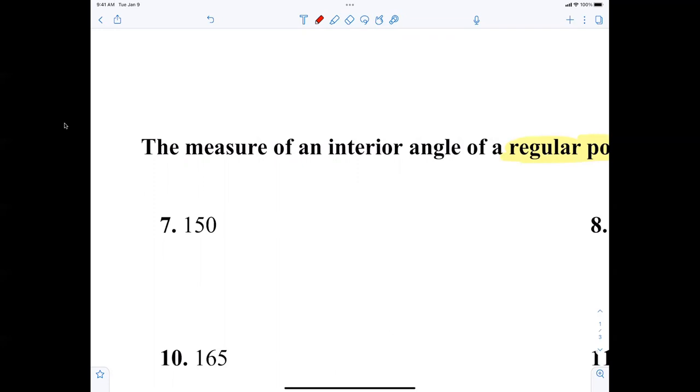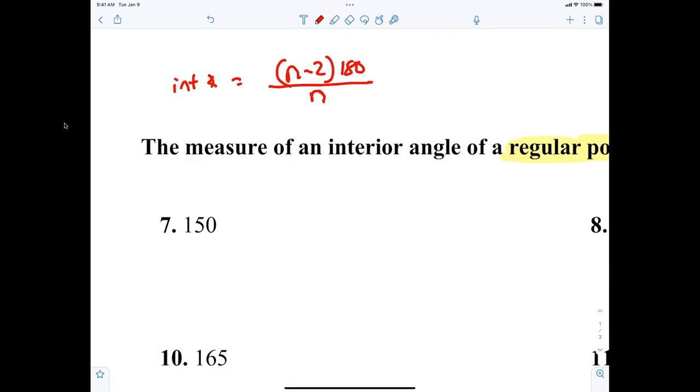The sum is always n minus 2 times 180, correct? And if I want to know the measure of one of them, because all the angles are the same, I would simply divide that by n. Thank you, Oliver. That is perfect. So the measure of the interior angle, and again, I need everybody to understand that it has to be regular. Do we agree? That means all the angles are equal. That's the formula. Is everybody with me on that?